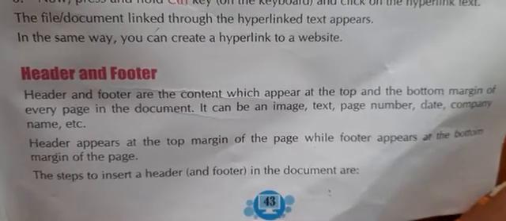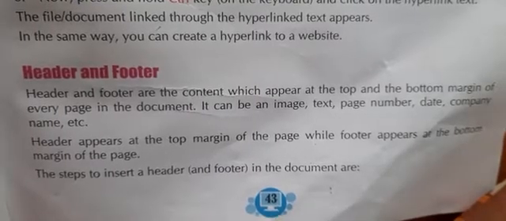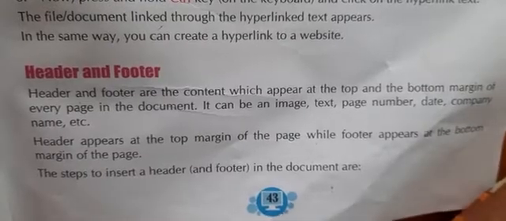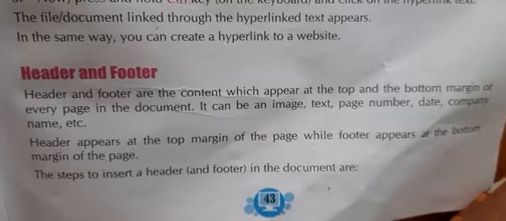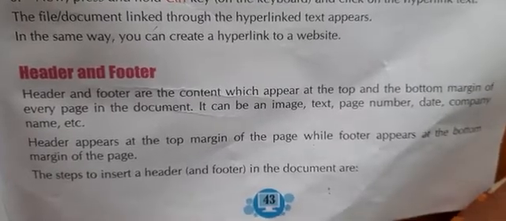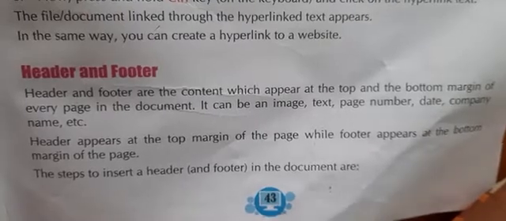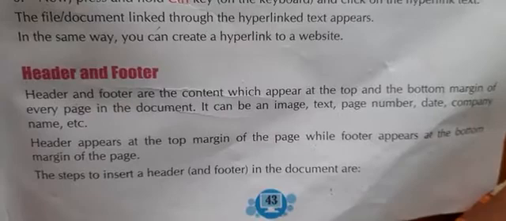It can be an image, or a text, page number, a date, company name, or the title of the topic. Header appears at the top margin of the page, while footer appears at the bottom margin of the page.